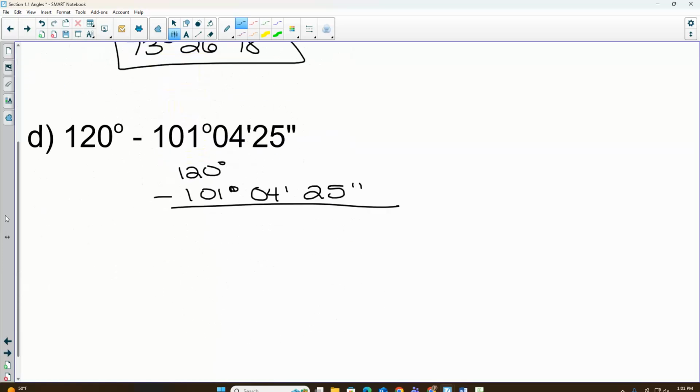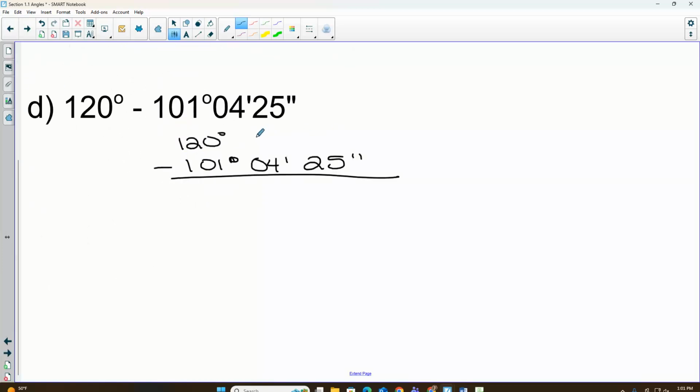Okay. This one, so we have 120 degrees, 0 minutes, and 0 seconds. So you can't do 0 minus 25. I have to come all the way over to my 120. So if I take 1 degree away, that's 60 minutes. But now what do I have to do?